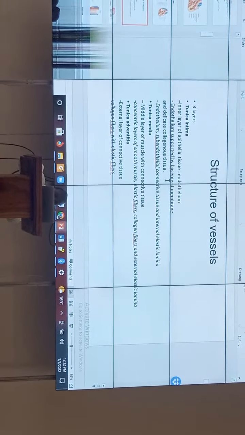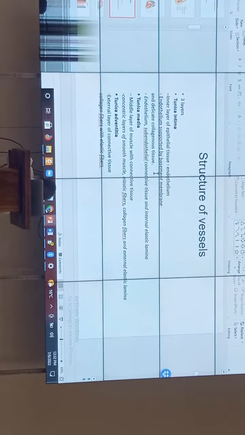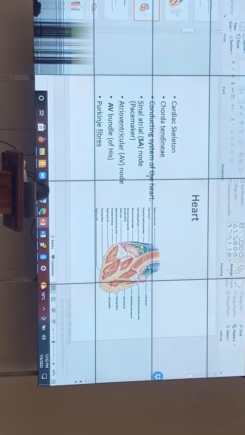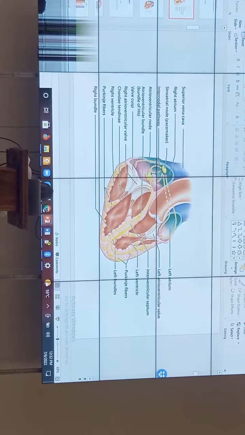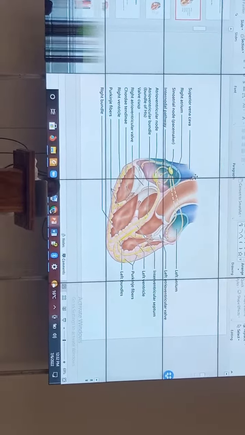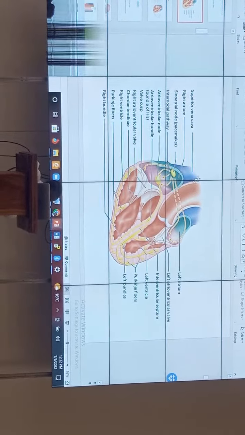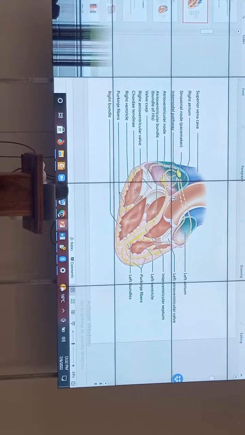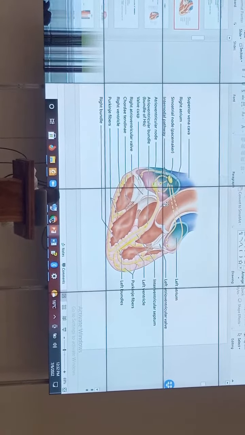So let's look at the blood vessels. We are done with the heart. Oh, I was saying that the nervous system does regulate the conducting system. How does it regulate?